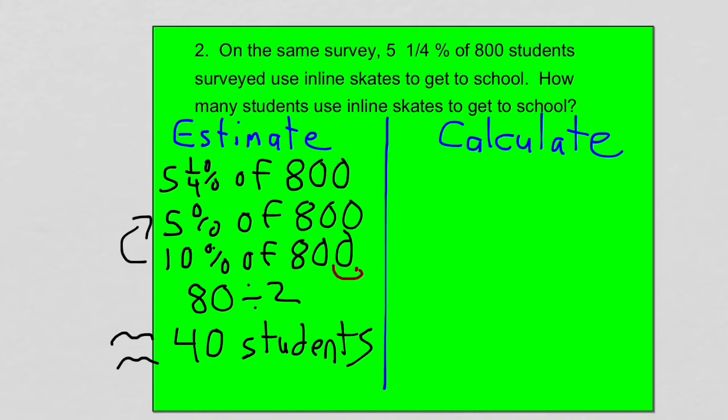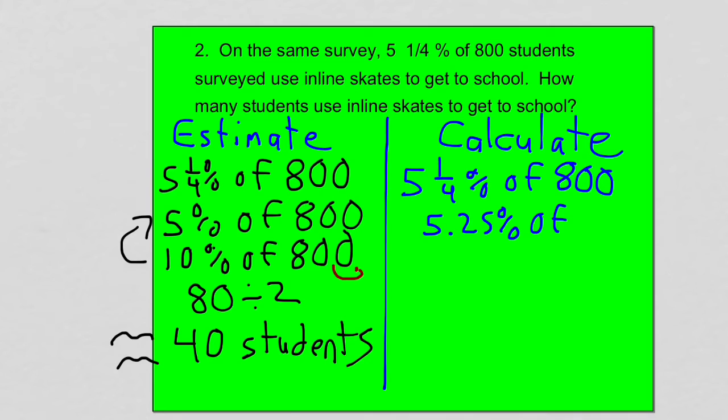For the calculation, you're going to do 5.25% of 800. Now, 5.25% is the same as saying 5.25% of 800. Right? 1/4, the fraction 1/4 is the same as the decimal 0.25.